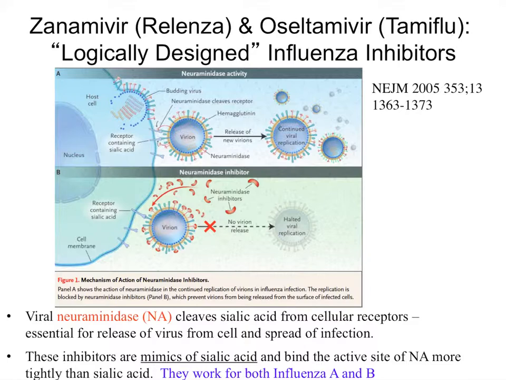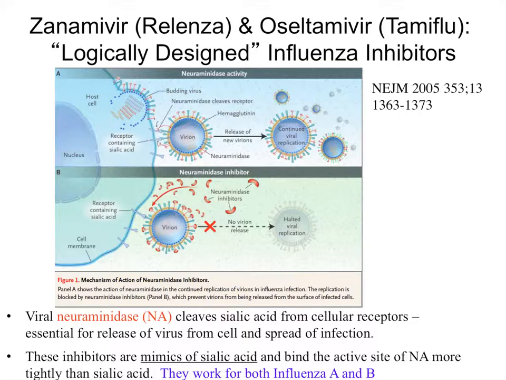These neuraminidase inhibitors are mimics or analogs of sialic acid, and as a result, they competitively bind neuraminidase and prevent the neuraminidase from cleaving the sialic acid binding and prevents viral release from the host cell.